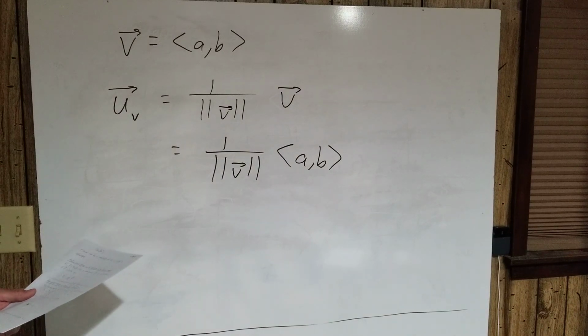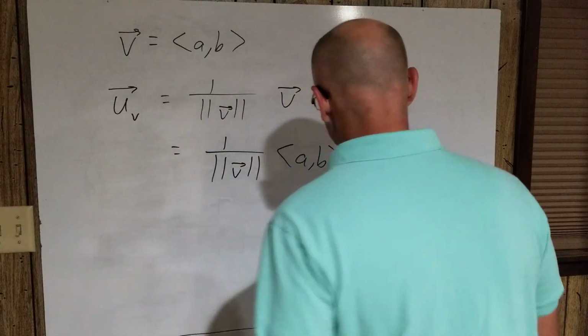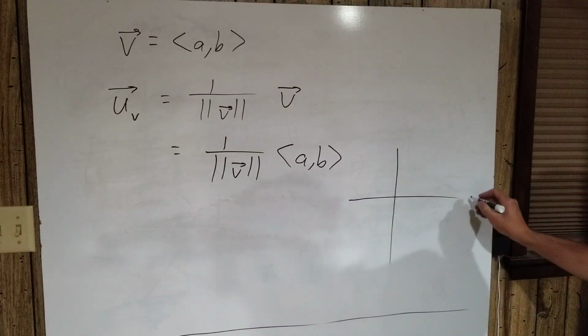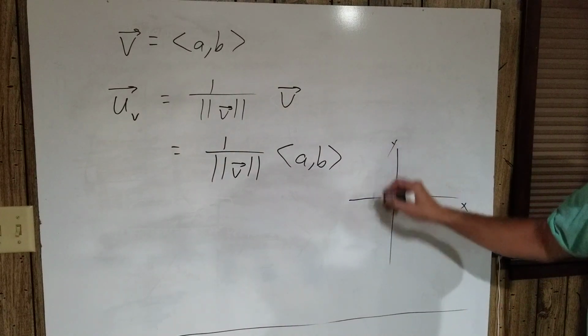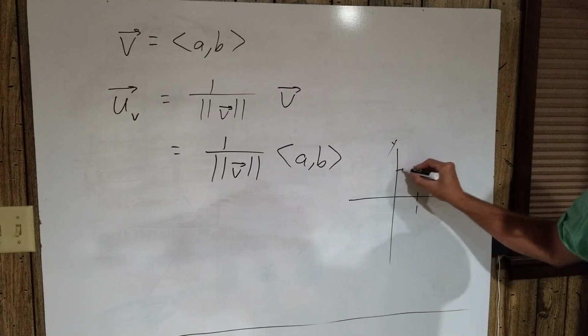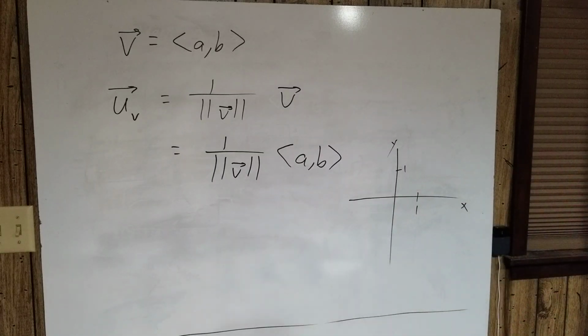All right, let's see. Next we have represent vectors in terms of i and j. Let's talk about i and j real quick, okay? What are i and j besides letters in the alphabet? Suppose we have an x-axis and a y-axis. I look at the point 1 on the x-axis, and the point 1 on the y-axis.